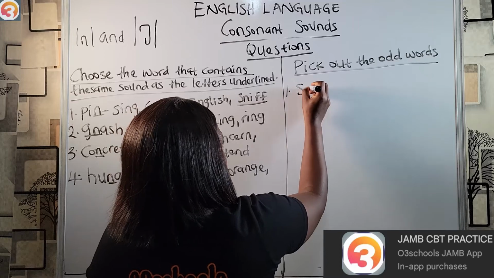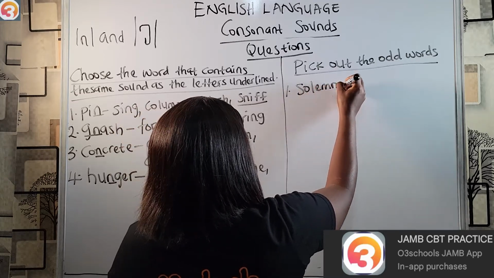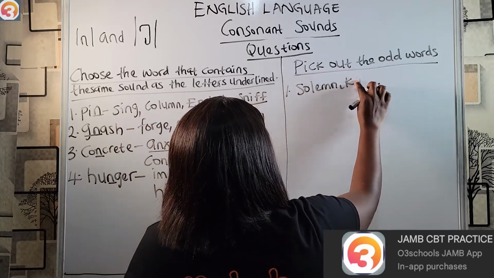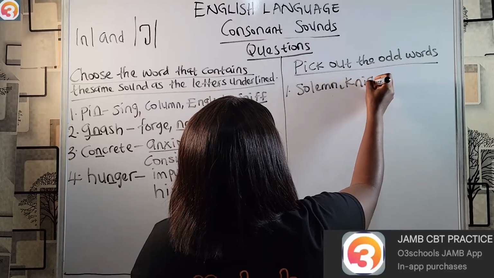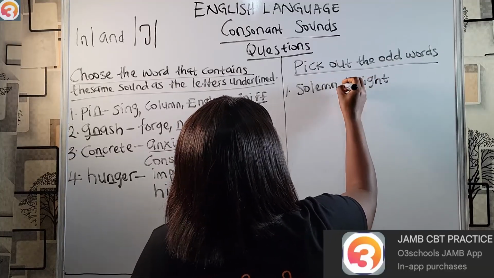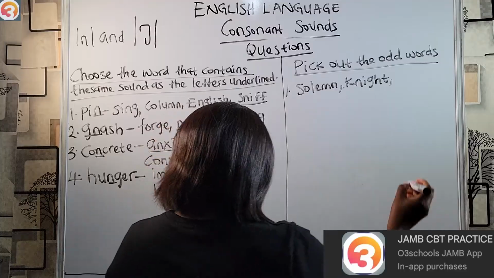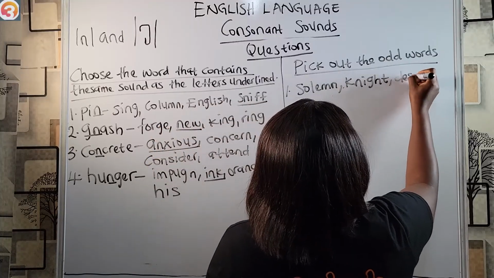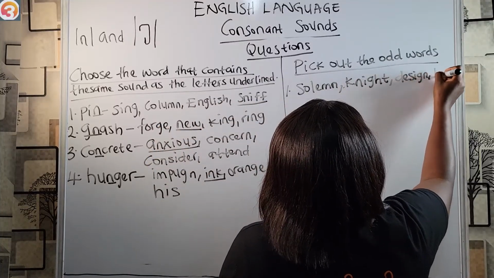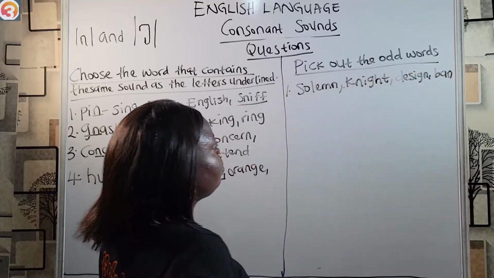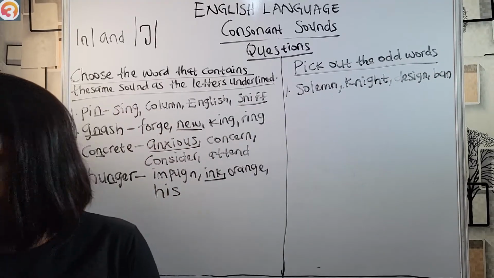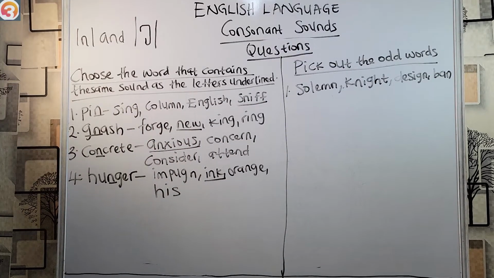First example we have, let's write our column. And the options are first up we have solemn.